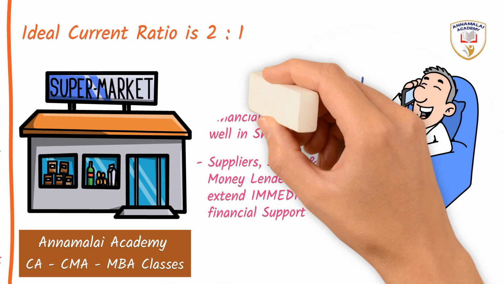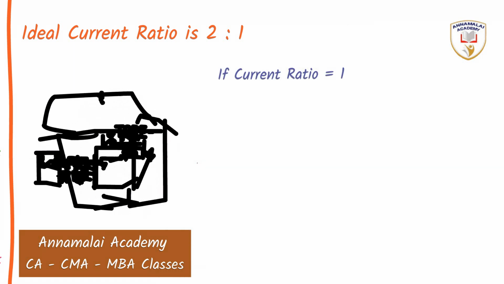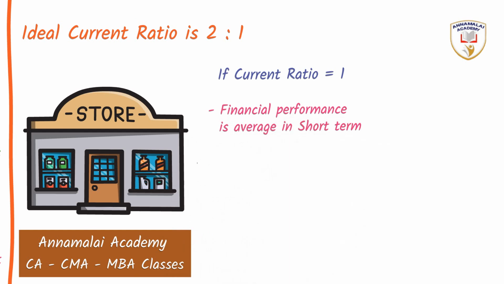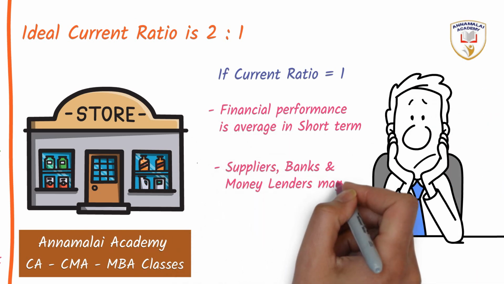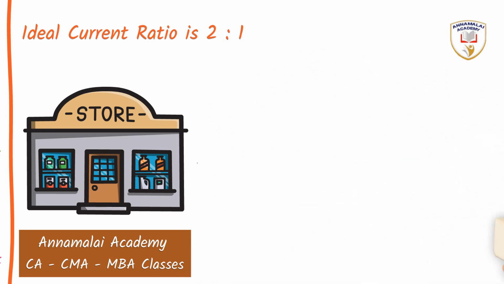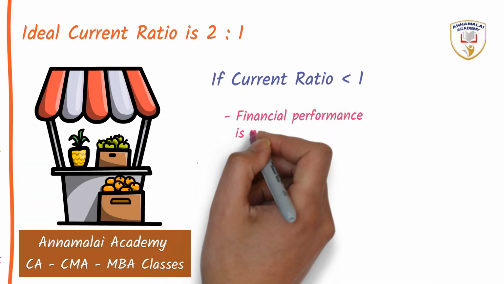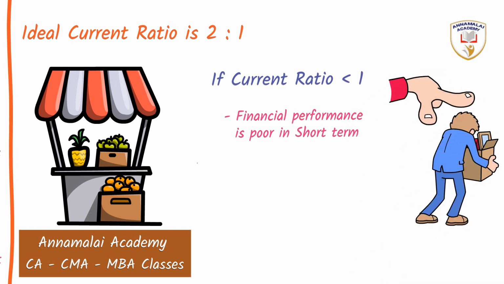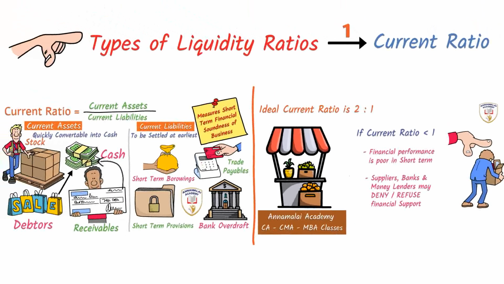If the current ratio is just equal to 1, the financial performance is average and the suppliers either delay or reduce the financial claim that you make to them. If the current ratio is less than 1, then the financial performance is very low and the bankers or money lenders may deny or even refuse to extend the financial support to a company.